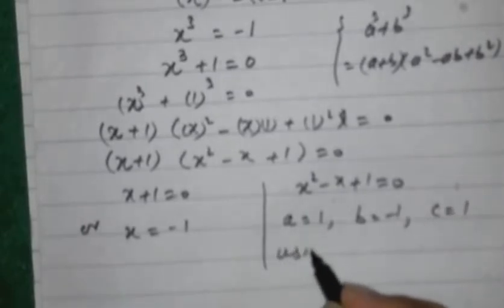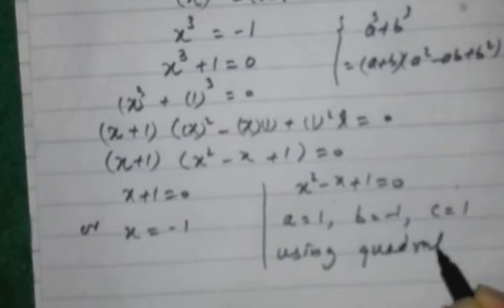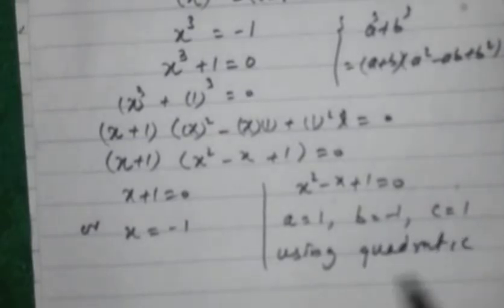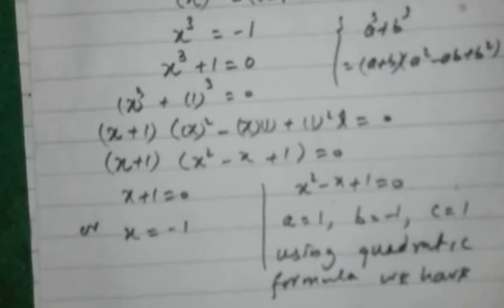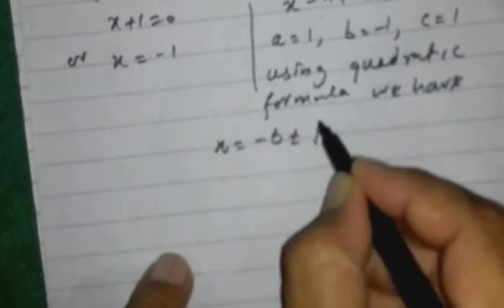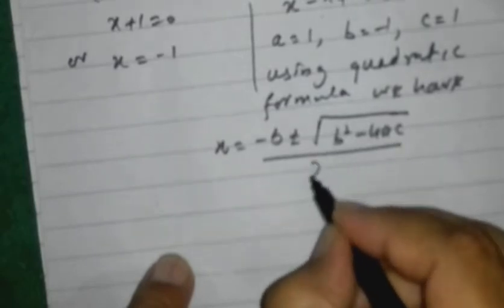Using the quadratic formula, we have the formula x equals minus b plus minus under the root b square minus 4ac whole over 2a.